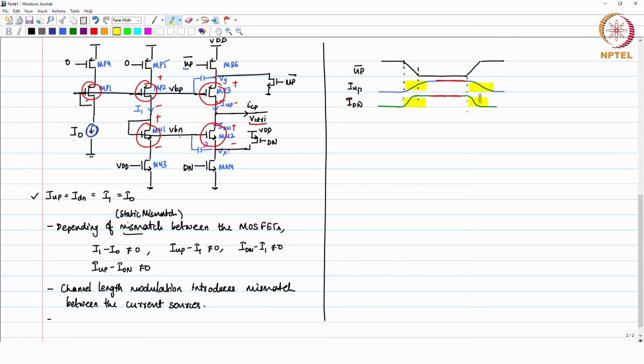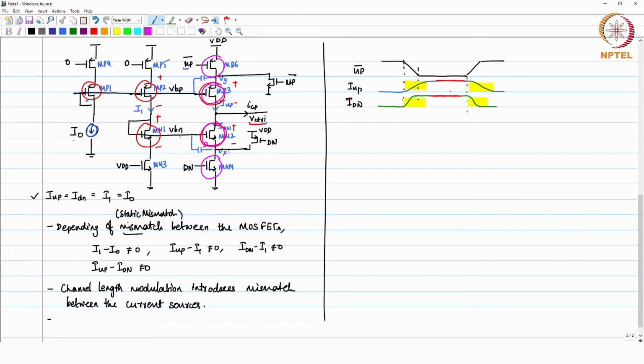And these things will happen because in this case the I up current is coming because of the PMOS, which will not respond in exactly the same manner as your NMOS is going to respond. So, these two will respond differently, and you will see the difference in the current. In a steady state, when it settles, the current is the same.